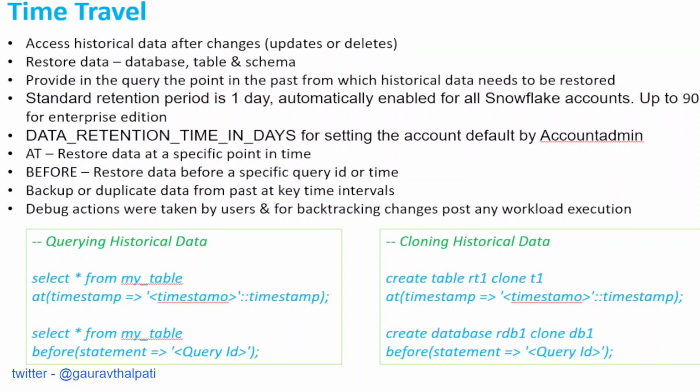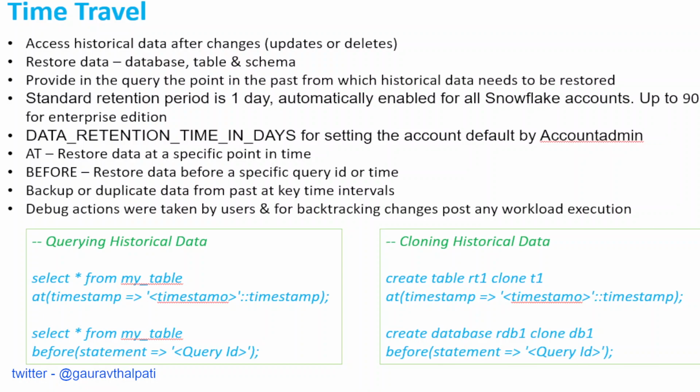But with the time travel feature, the developer himself can just go back in time and restore that data. There are two ways you can do that. You can either go back and restore something based on the timestamp, or the other way is based on the query.